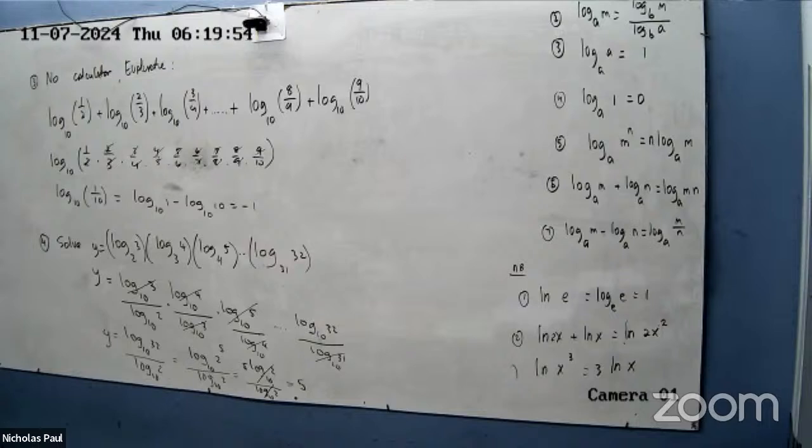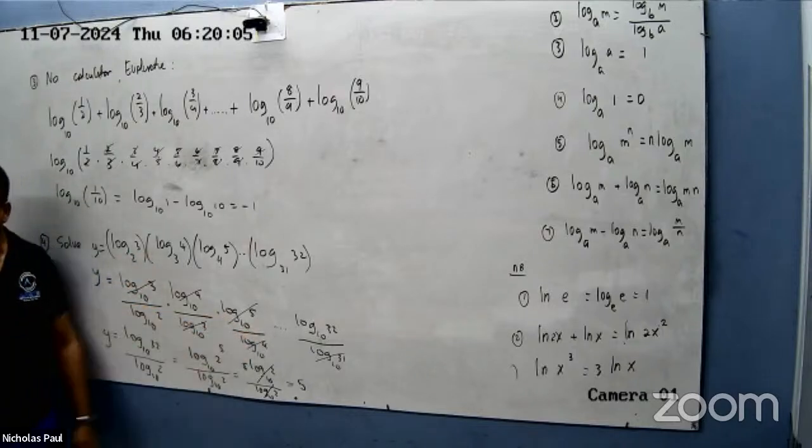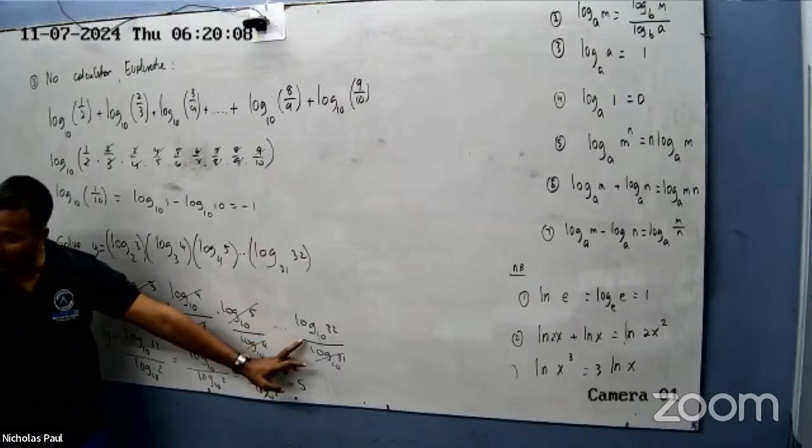See how far it goes. You don't want to write all this much. You can write this and this, and then put dot, dot, dot. But you have to show why the last one didn't cancel.